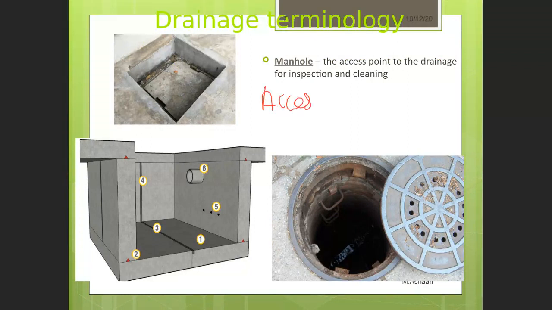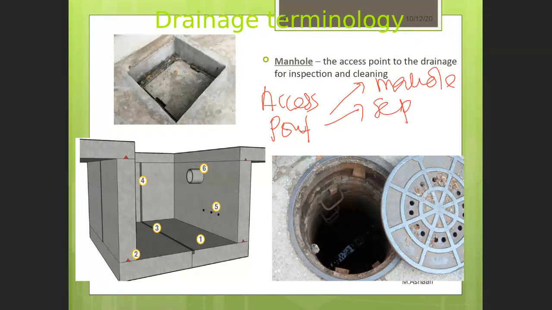An access point may be a manhole, a septic tank, or a sump. The sump is relevant to the underground drainage system. A manhole is normally related to underground drainage. A septic tank is normally for cleaning purposes, with the same function as the manhole system.